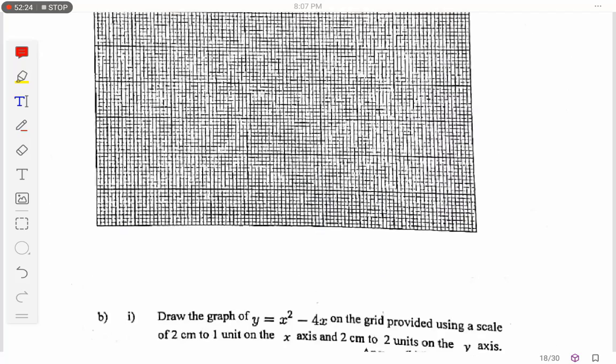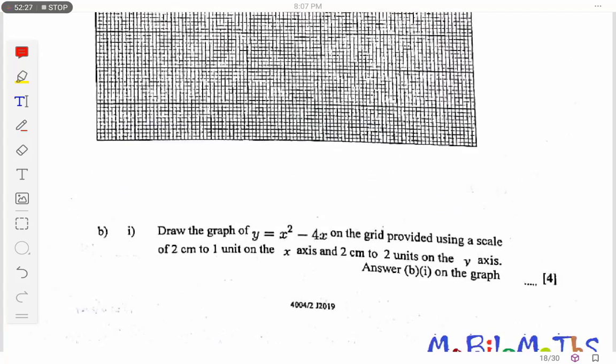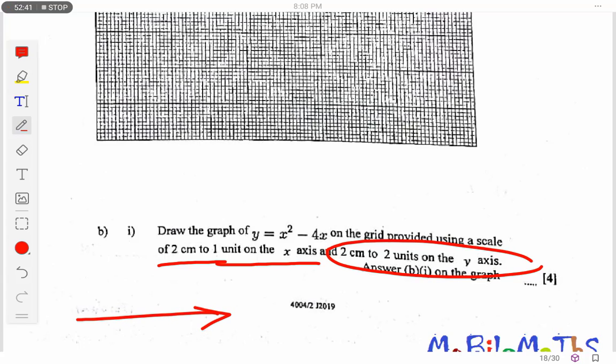I think we are given, draw the graph here with 2 centimeters to represent one unit on the x-axis, and 2 centimeters to represent, this is very, very important there. So it means on this side every box is going to be 1, 2, 3, 4. Then on the y, we are saying 2, 4, 6. Okay, let's do that.